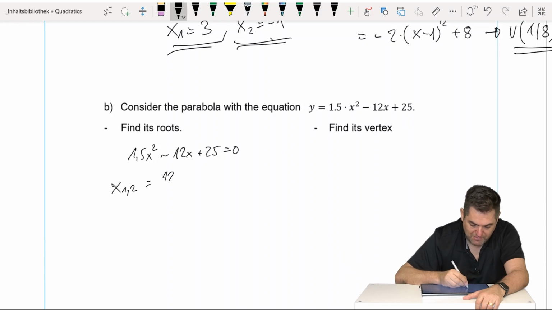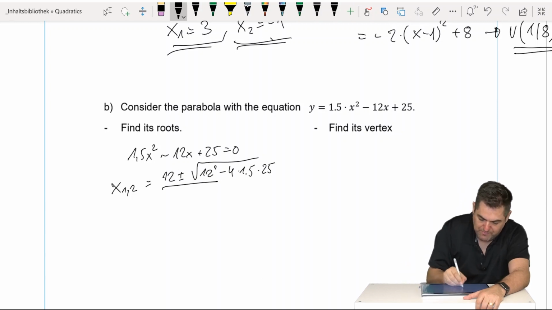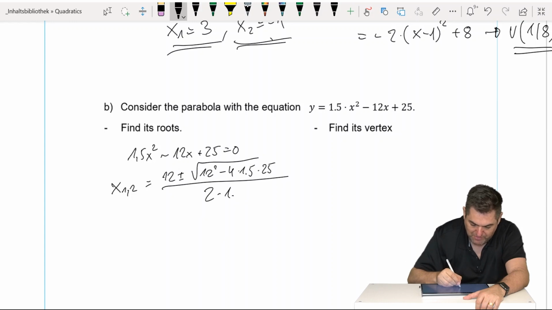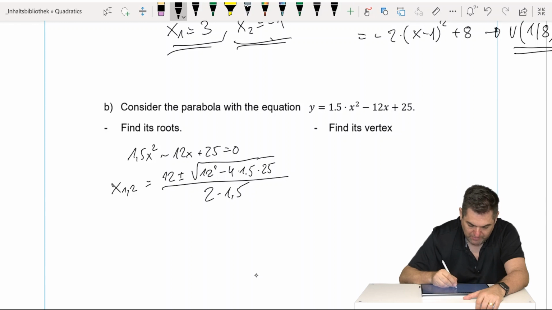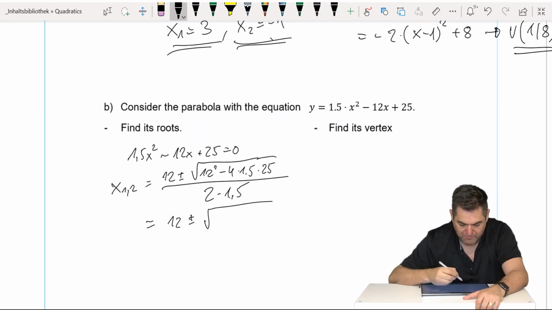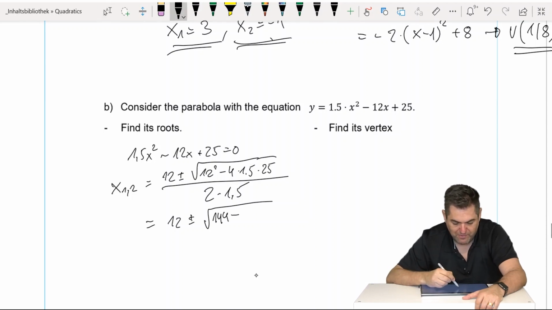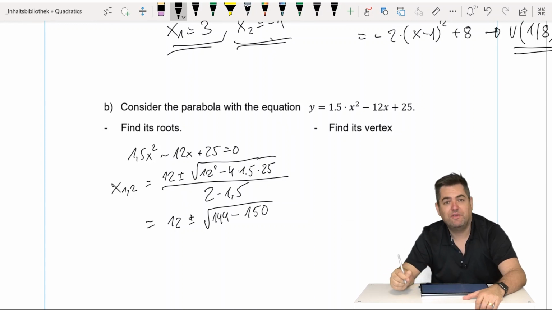So it's negative b plus or minus the square root of b squared minus 4 times a times c, divided by 2 times a. And so we have 12 plus or minus the square root of 144 minus 4 times 1.5, which is 6, 6 times 25 is 150.